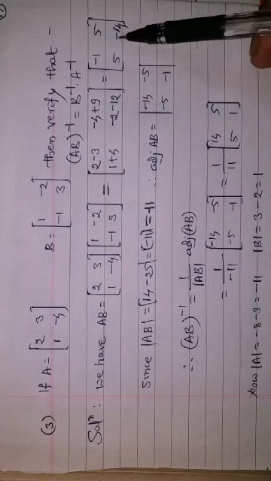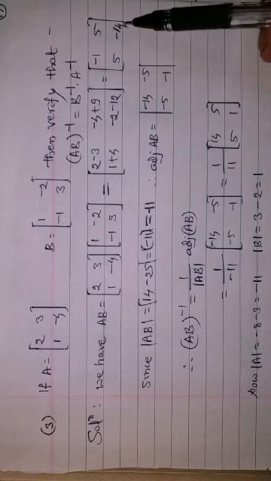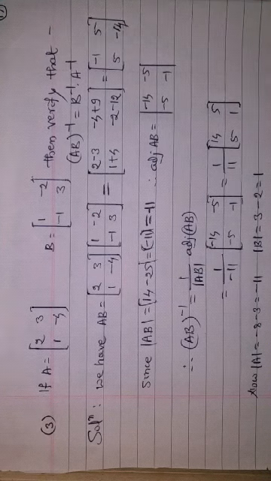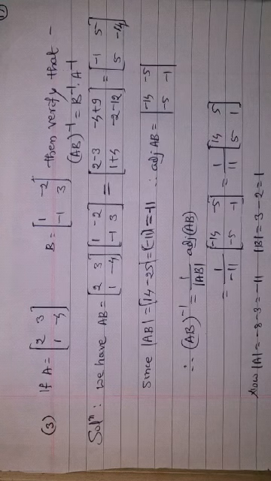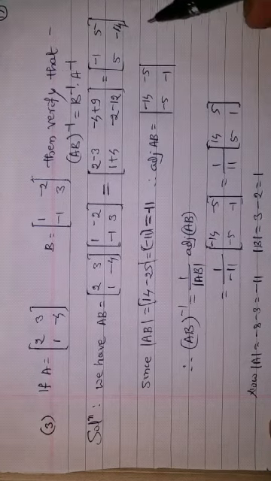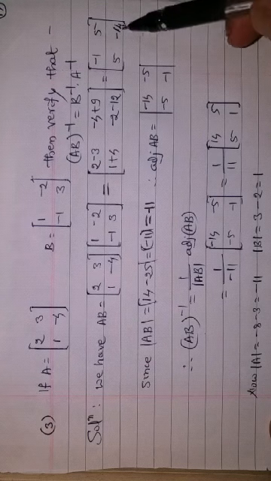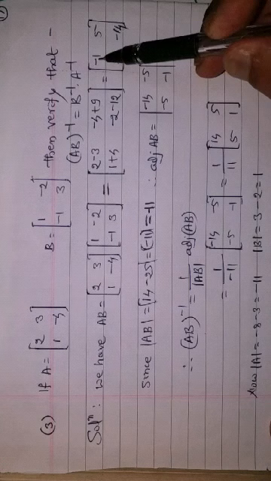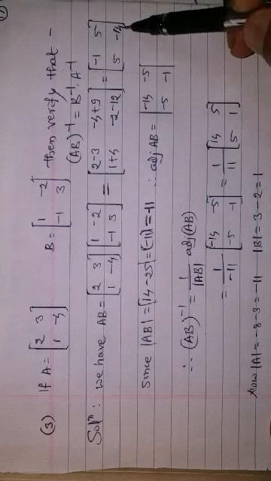Then we have to find the adjoint of this AB. The adjoint of the AB matrix: we have to interchange the principal diagonal elements, minus 1 and minus 14 in this place.